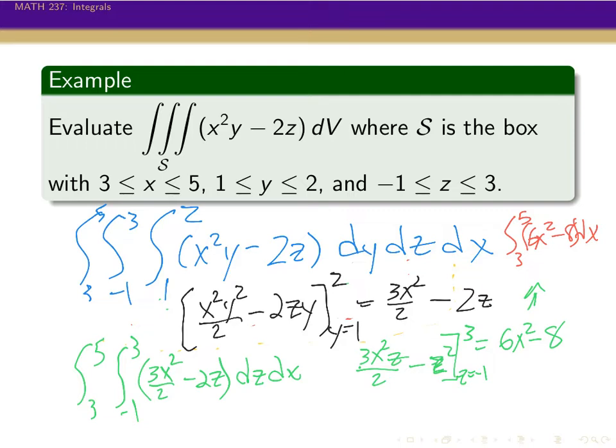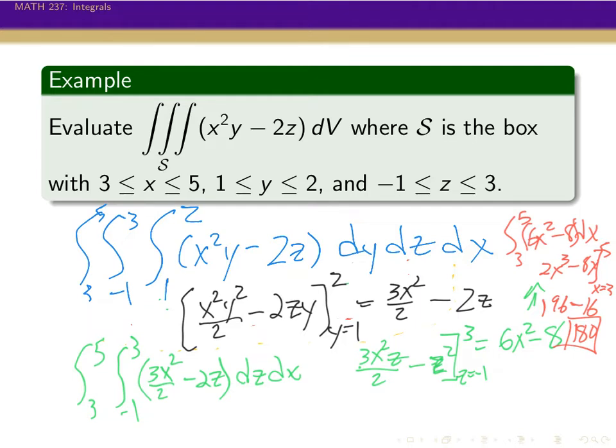And so this is going to be 2x cubed minus 8x, as x goes from 3 to 5. 5 cubed is 125 minus 27, so that would be 98, times 2 is 196, minus 8 times 5 minus 3 is 2, so minus 16, and so I think this ends up being 180.